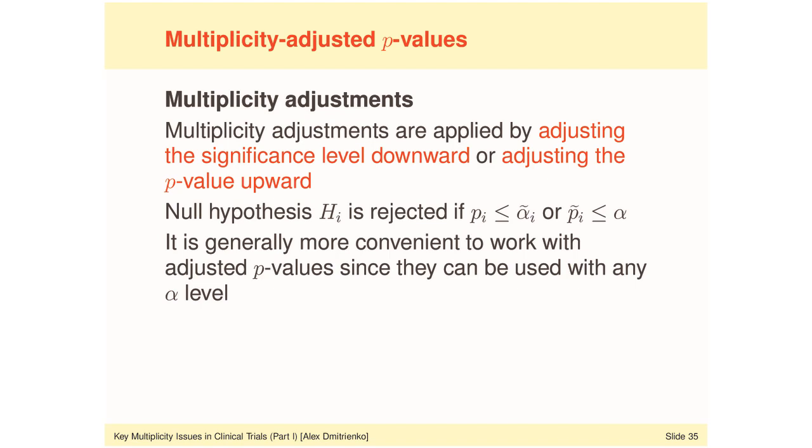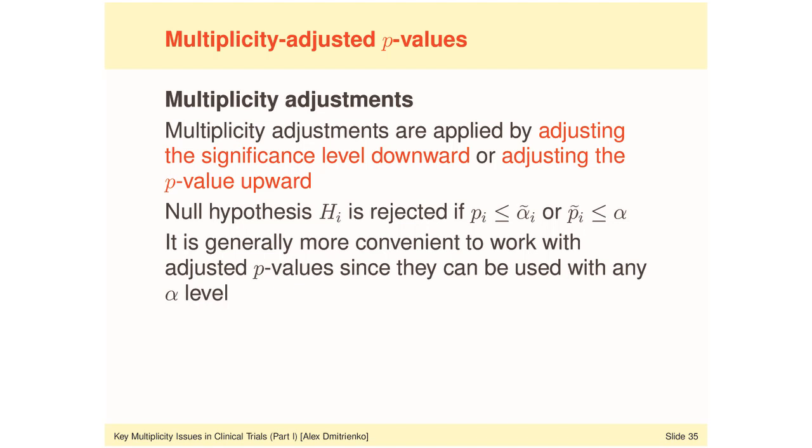I have introduced the decision rules used by the Bonferroni and Holm procedures, and the next topic on our list, and it's actually a very natural next step, is the presentation of multiplicity adjusted inferences. There are essentially three ways of performing inferences in multiplicity problems.